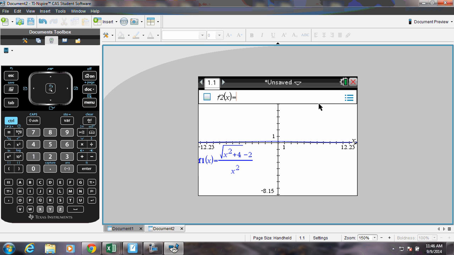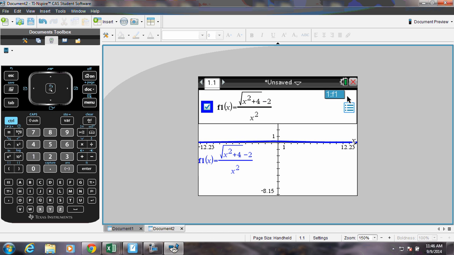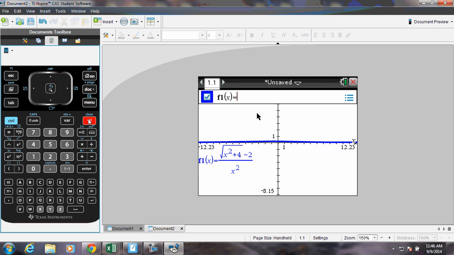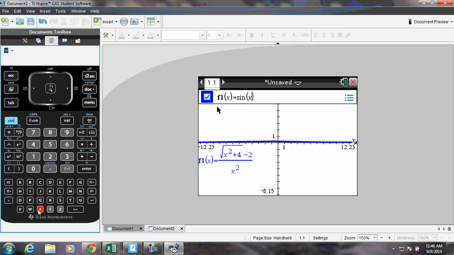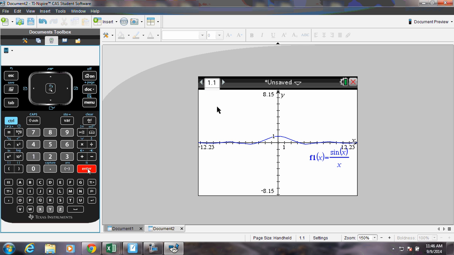I want to edit the function. I don't want F2, I want F1. And I'm just going to go through and delete the whole thing. And so we had sine of x. Use the arrows to get out of the sine. Divided by x. And there's our function.